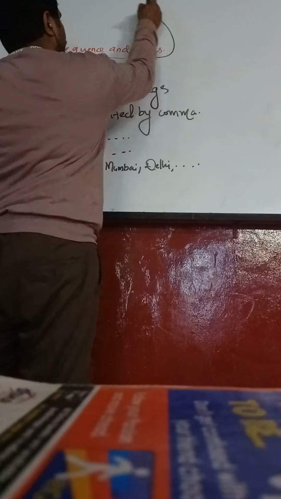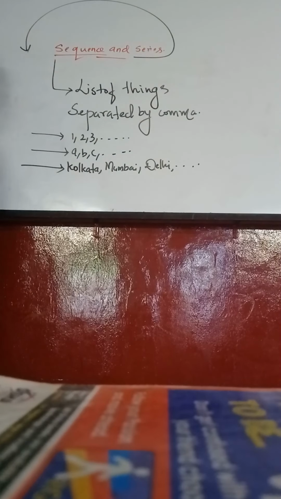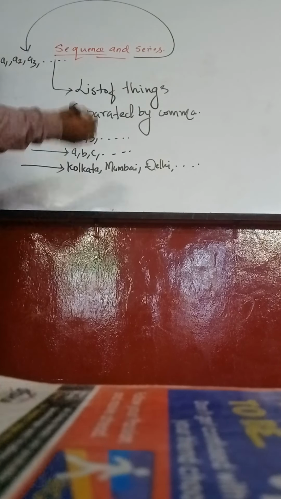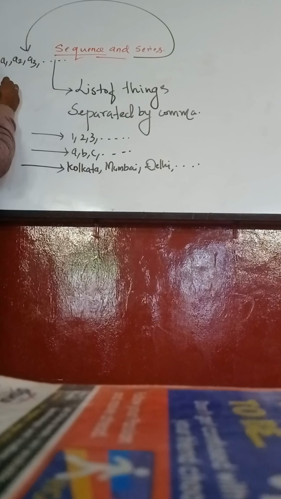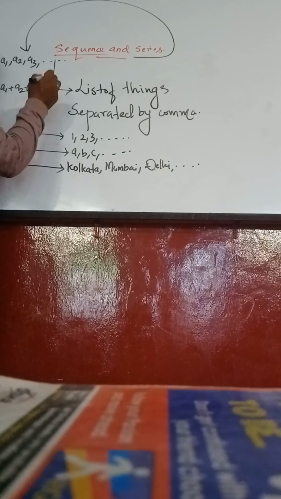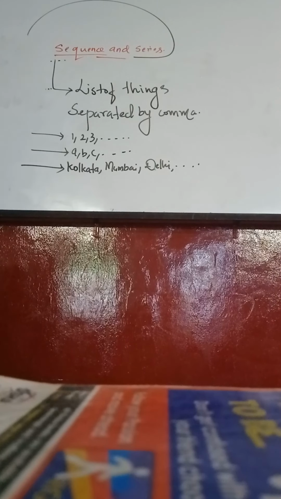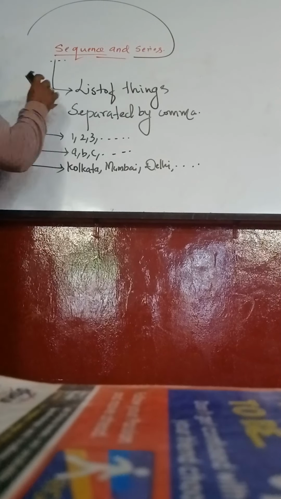Then what is a series? For example, there is a sequence A1, A2, A3, etc. This is a sequence. Then the series of this sequence is A1 plus A2 plus A3, etc. Now did you understand what is a sequence and a series? We will write it again here.